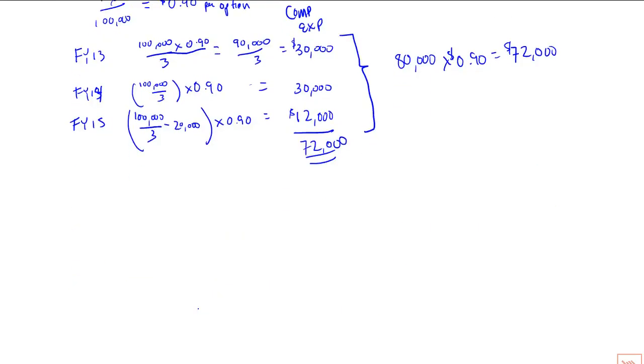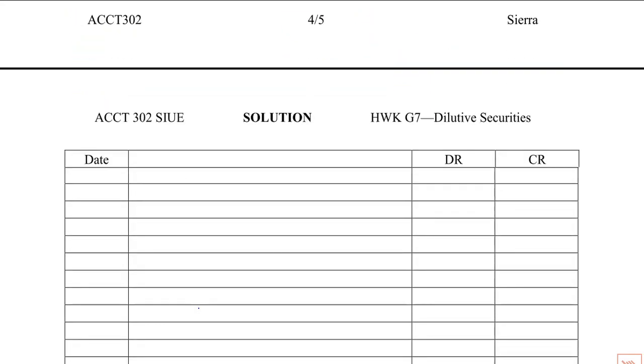Okay, so I'm going to cheat a little bit on my journal entry. I'm just going to do the first one. FY13 and FY14 are the same. So we'll have compensation expense, paid in capital, stock options, $30. So that happens twice.